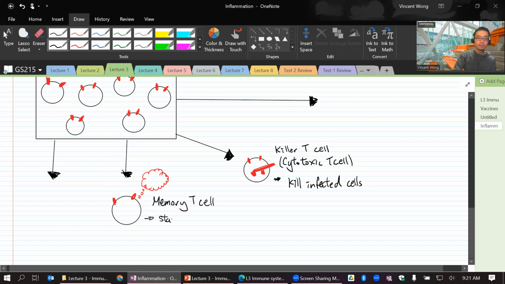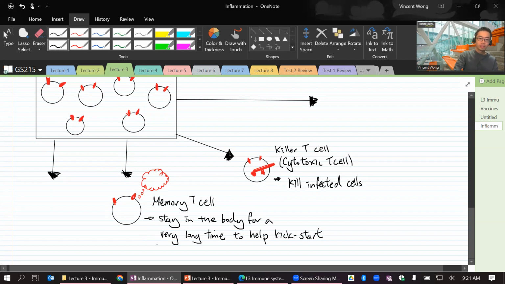These will stay in the body for a very long time, to help kickstart the immune response if infected by the same pathogen again.